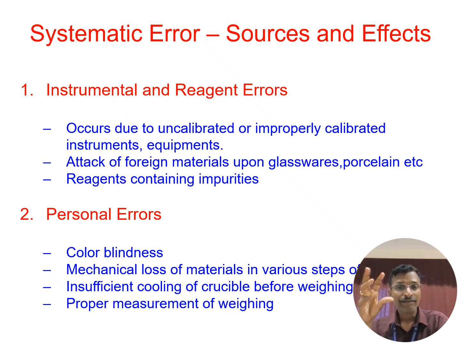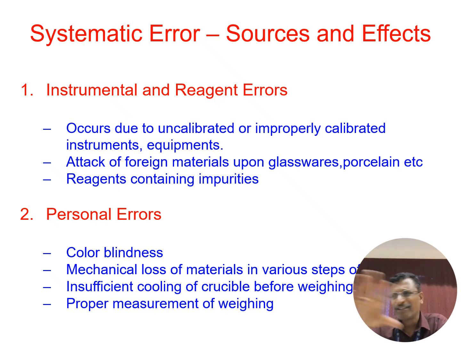So this type of color change has to be clearly noticed. So suppose the analyst has some color blindness, then it leads to error. Okay, so color blindness, and then mechanical loss of material in various steps.